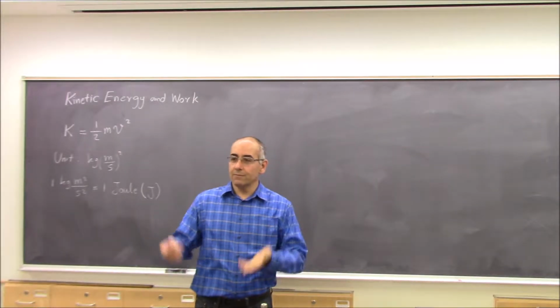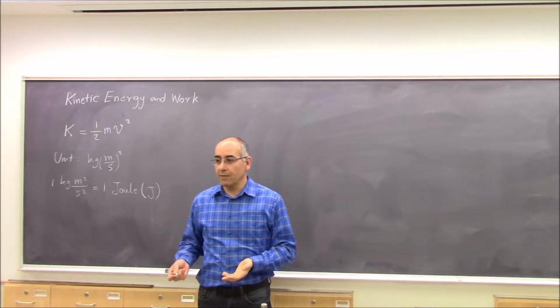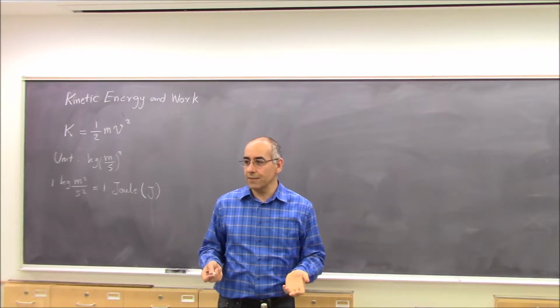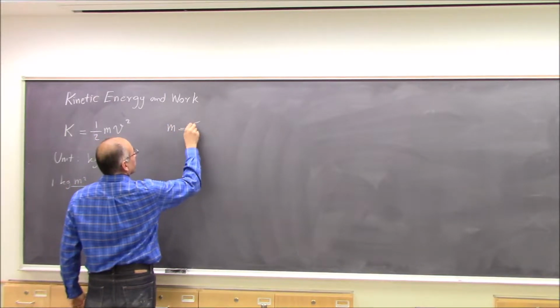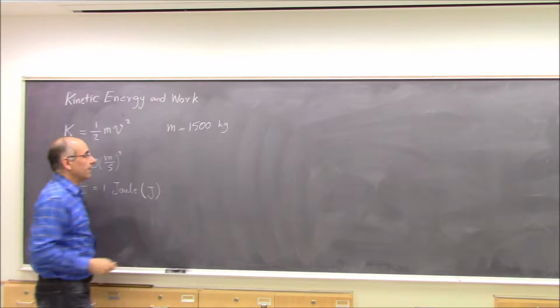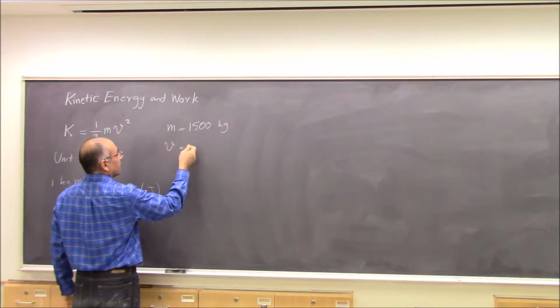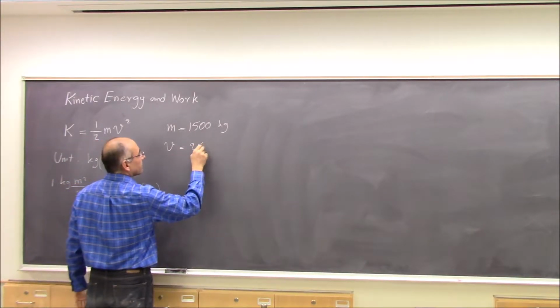For example, if your car is 1500 kilograms and it's going at 90 kilometers an hour, how much kinetic energy does it have? Let's say m is 1500 kilograms, like an average small car, and v is 90 kilometers per hour, which is 25 meters per second.